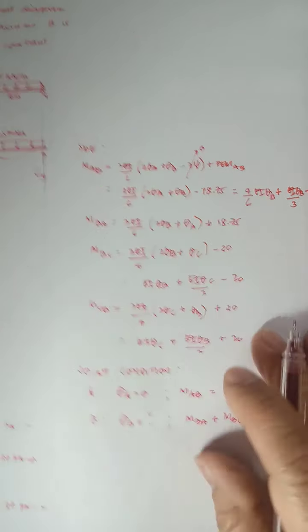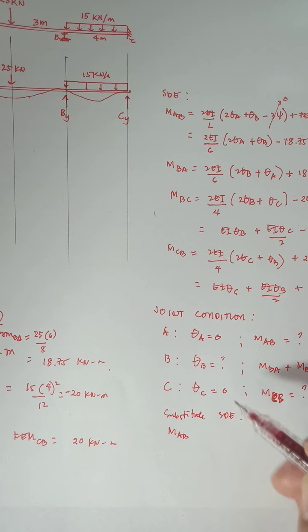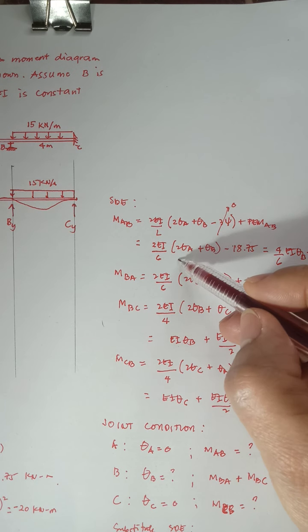Okay. Now, from these joint conditions, we can go back to our slope deflection equation. Ato nang i-substitute ang mga values dire, no? So, ang imong MAB, substitute in SDE. Okay? So, ang atong theta A is 0.